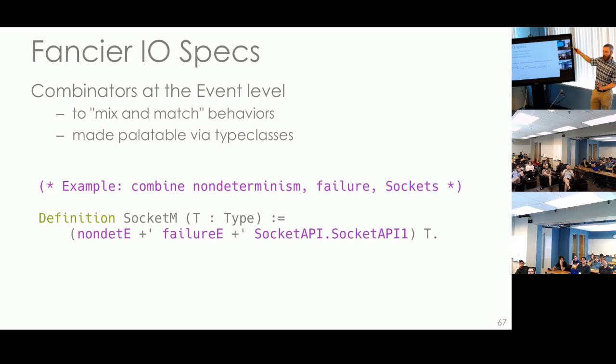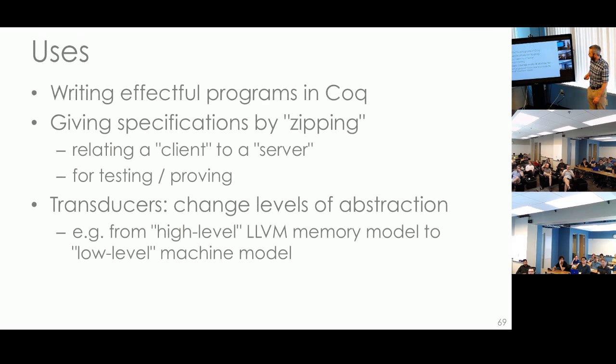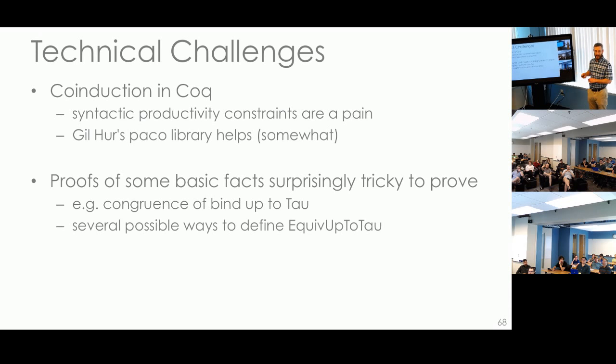And part of this library that I mentioned we're building lets you do fancier things with the IO specs. So you can write combinators at the event level to add errors or instrumentation and so on in a nice way. So that's something that's quite exciting at the moment. There are a lot of technical challenges with doing any of this in Coq. Co-induction is a pain.